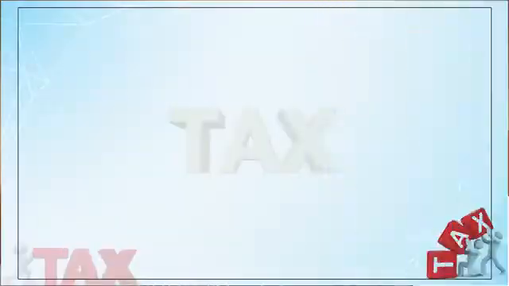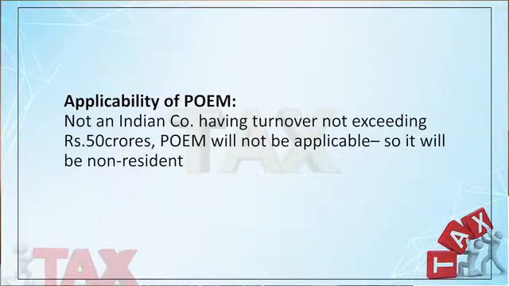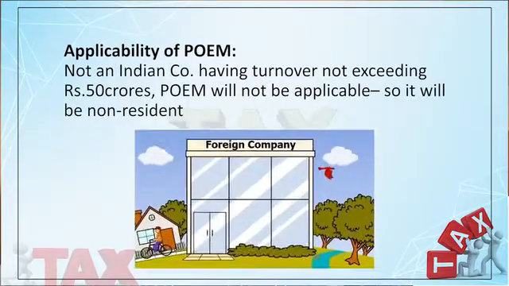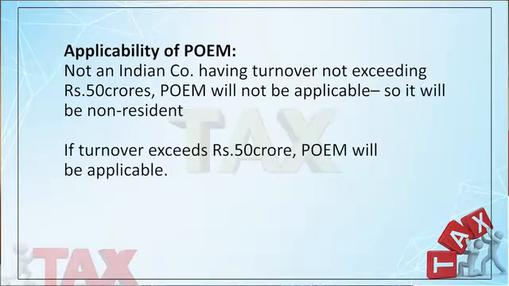Now, when will the concept of place of effective management be applicable? We have said in case of a foreign company, that is a company which is not an Indian company, the concept of POEM, that is place of effective management, will be applicable. But here there is a condition. What is that condition? You have to check the gross receipt or turnover.